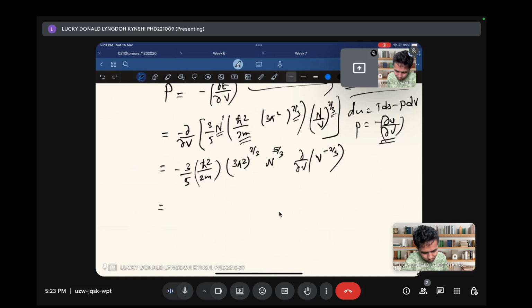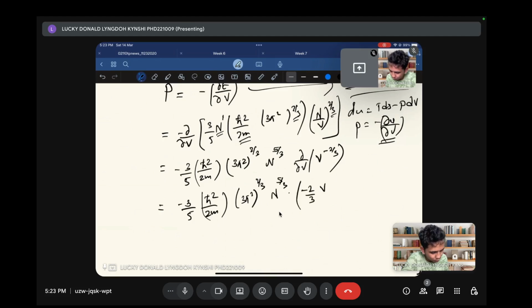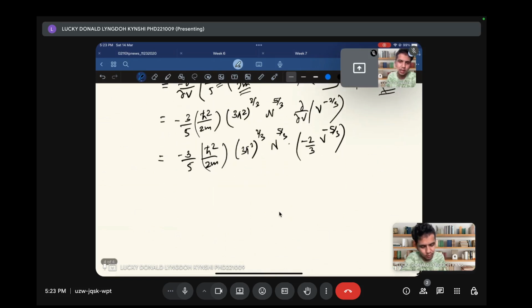Okay, so 3 by 5 remains the same, h cross square by 2m remains the same, and 3 pi square to the power of 2 by 3 n to the power 5 by 3 will also remain the same. And what you get if you differentiate is minus 2 by 3 v to the power minus 5 by 3, right? This is the standard differentiation.